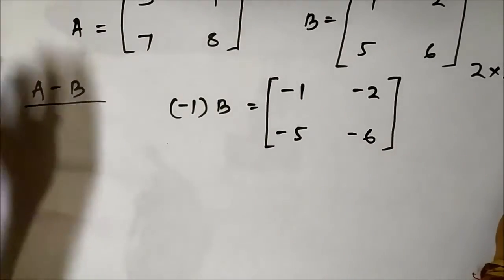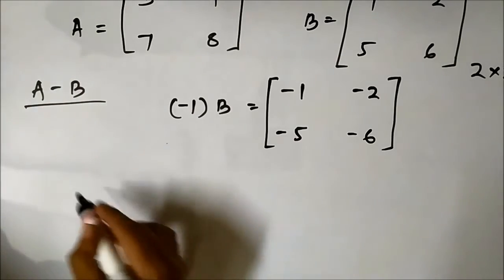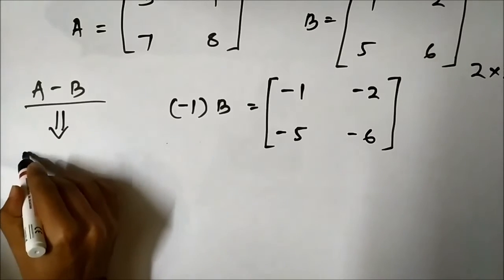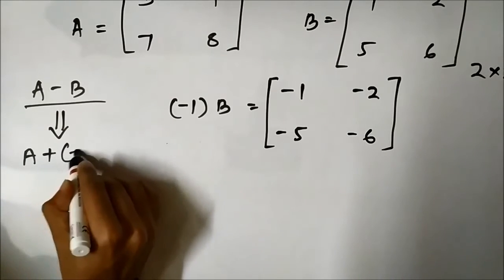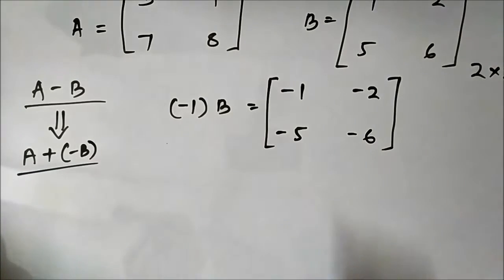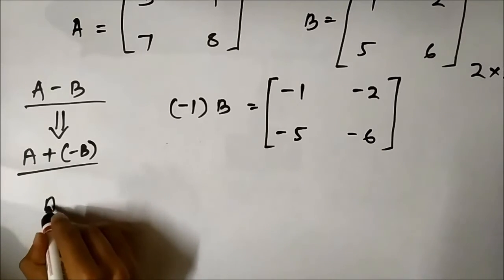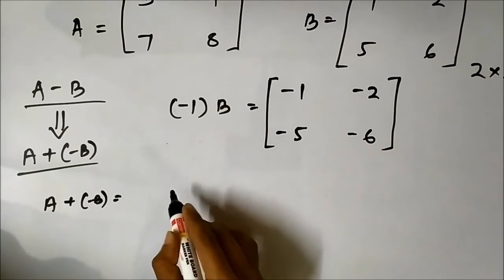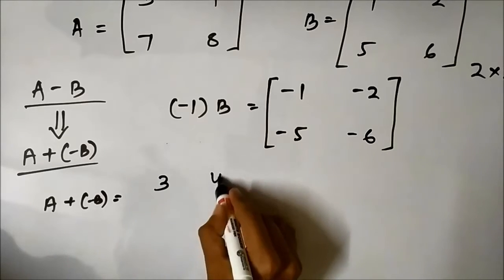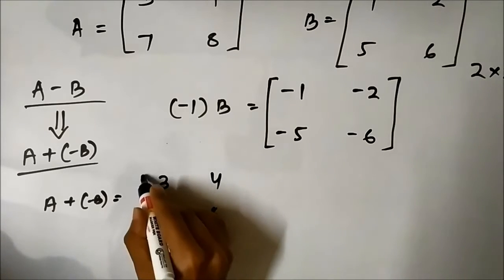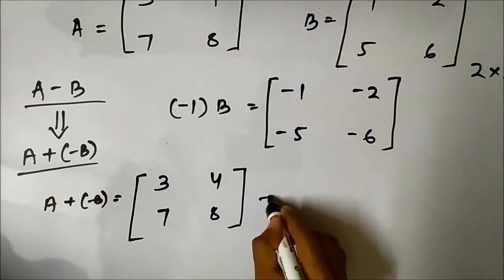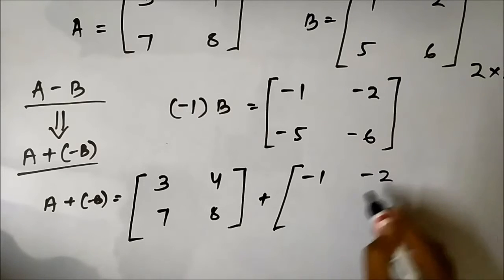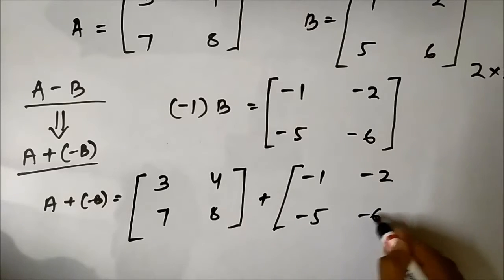Next, we have to determine the value of A minus B. This is actually like this, A plus minus B. So A plus minus B is actually 3, 4, 7, 8, which is matrix A, plus minus B, which is minus 1, minus 2, minus 5 and minus 6.